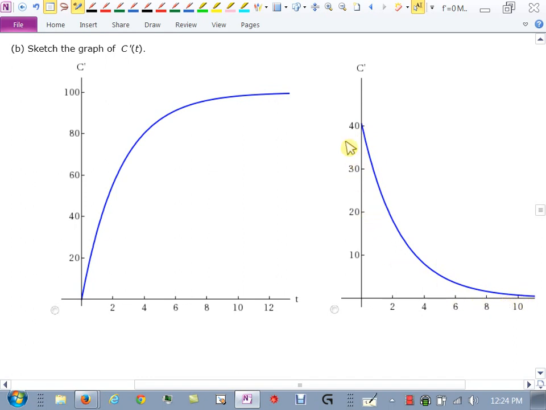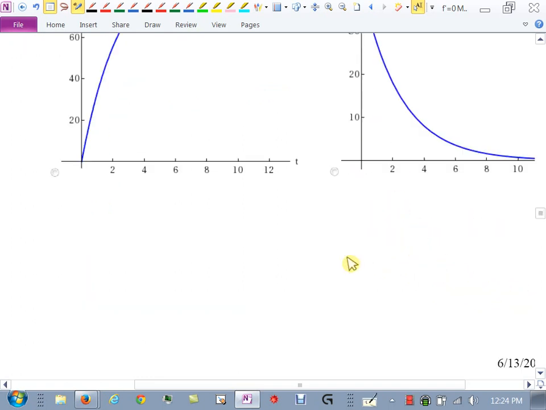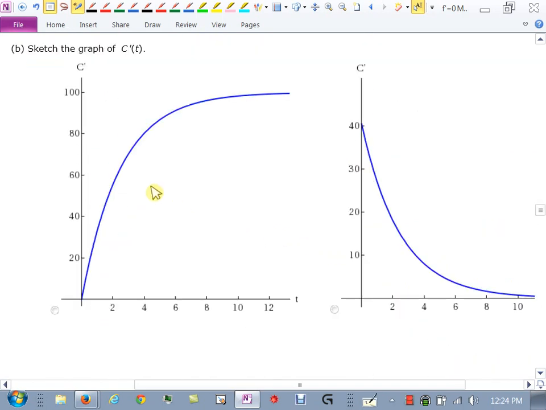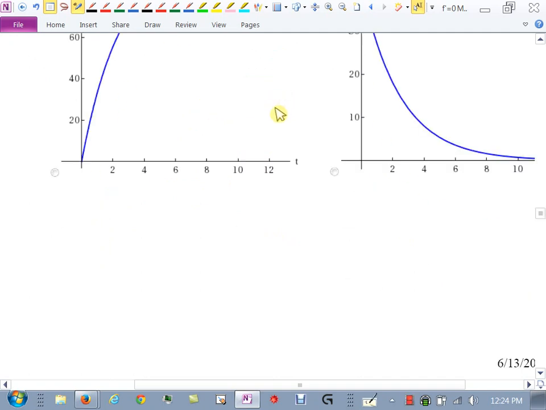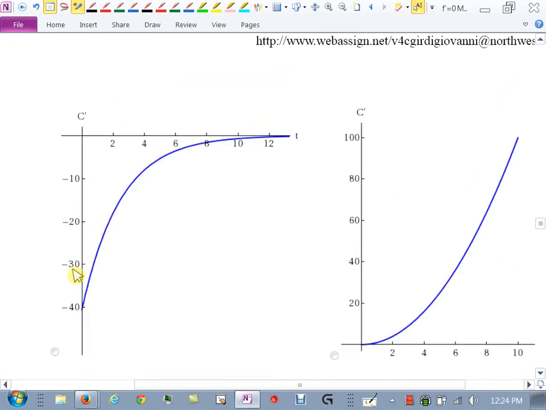That's what the derivative is doing, right? So the rate of change of the percent charge is decreasing, approaching 0. Just so you know the difference between these pictures, this would mean the derivative was increasing and approaching some value, 100%. This one would be increasing and approaching 0, and this one would be increasing without bound.